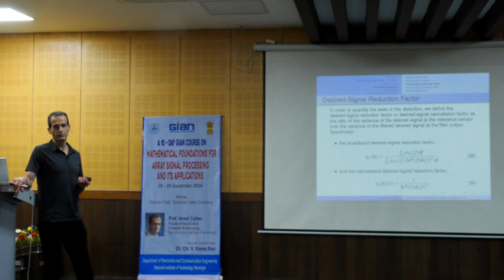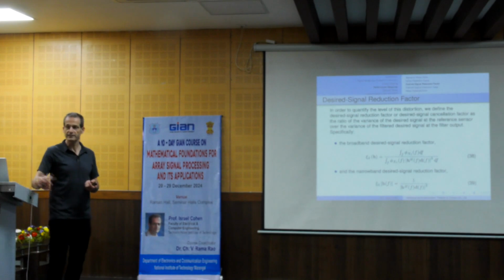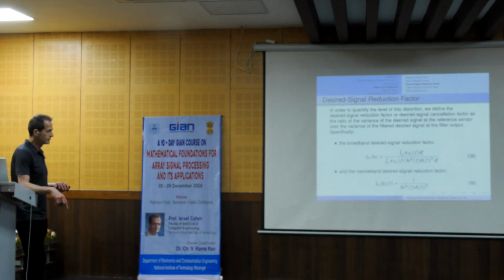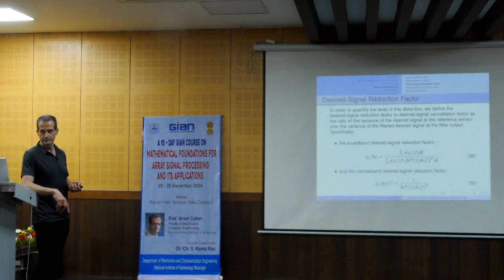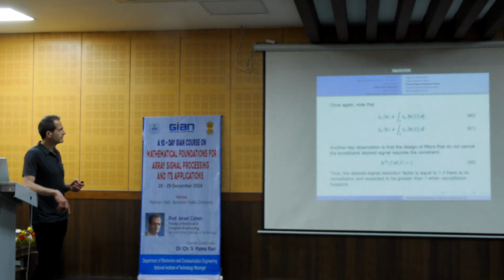We see this from the formula or from the definition. Of course, for MVDR we don't have any distortion, so it's expected. We just want to verify. Also, for the noise reduction factor and the desired signal reduction factor, the broadband definitions are not integrals of their narrowband counterparts.